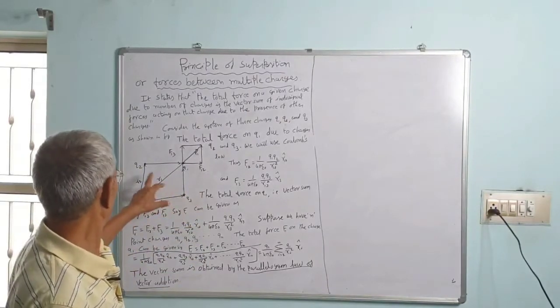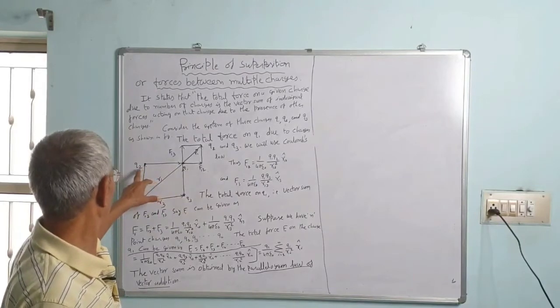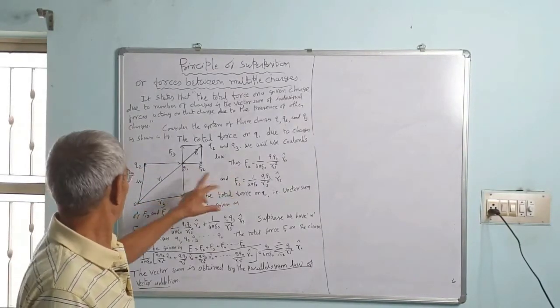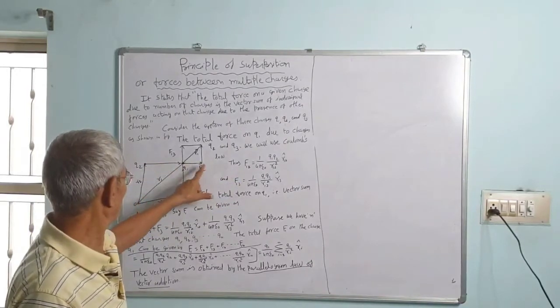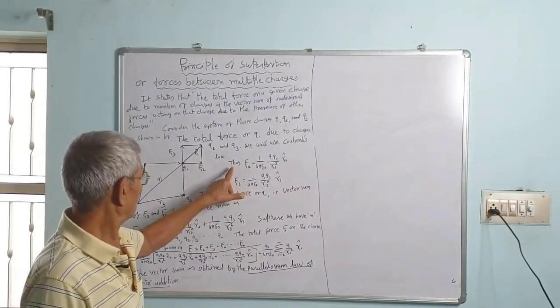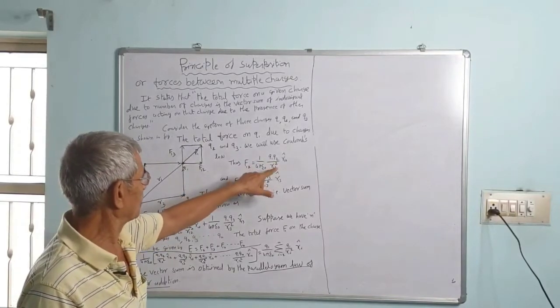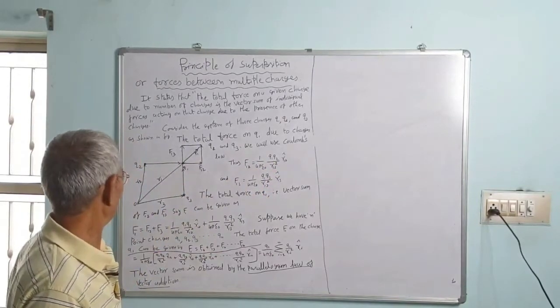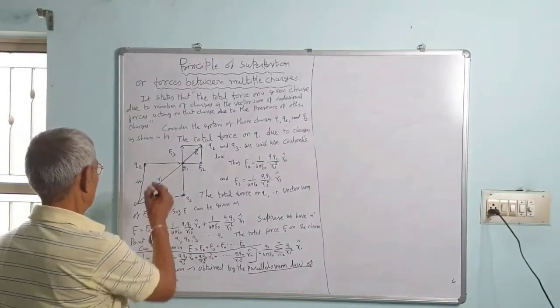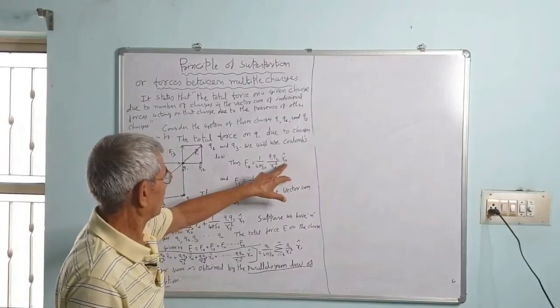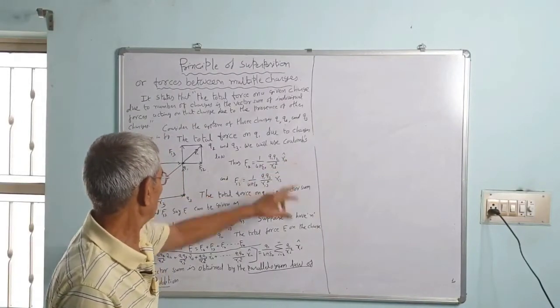Let us consider first the force on Q1 due to Q2, say it is F12. If both are positive, it is a repulsive force as shown in the direction. Thus, F12 is equal to 1 upon 4 pi epsilon naught Q1 Q2 upon R12 square, times R12 unit vector. This is the distance R12.